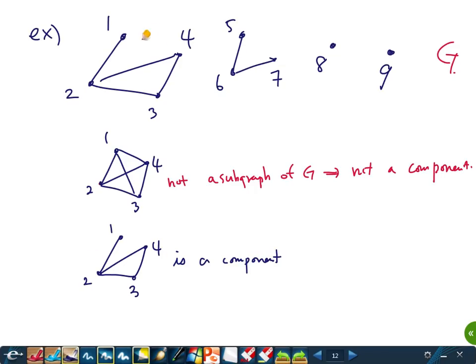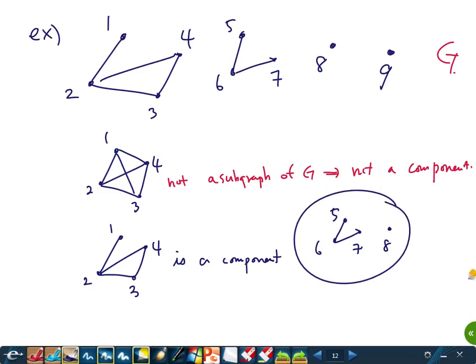Because it is a subgraph of this, connected, it is the largest possible, having the edges over here. Okay? But this is connected, is a component. What about this? 5, 6, 7, and 8. Is this a connected component of this? Is this a component?